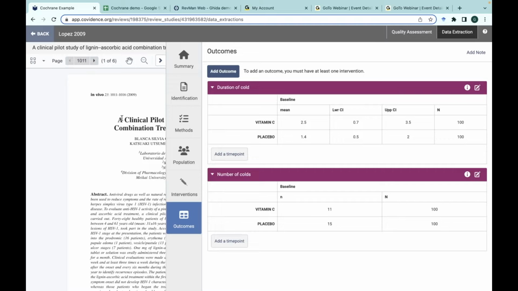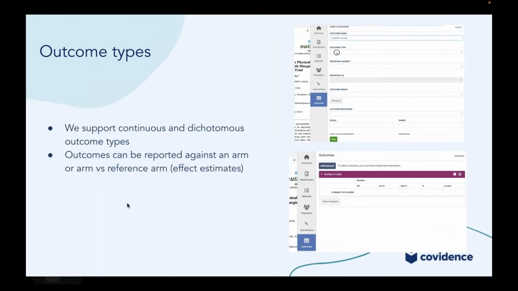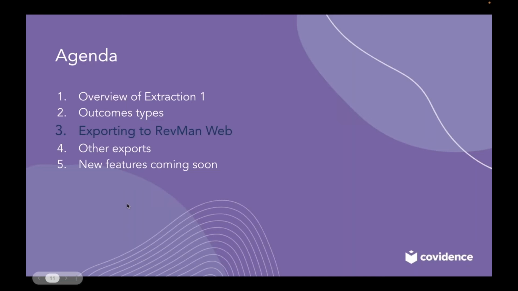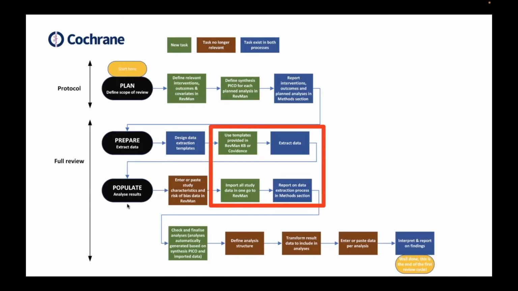So what I'll take you through now is the second section of our webinar, which is exporting these outcomes, or all of this information, into RevMan Web. But before we go into the live demonstration, I want to share this slide with you.